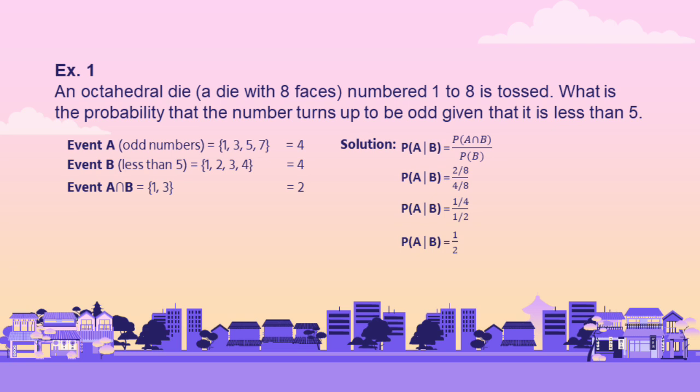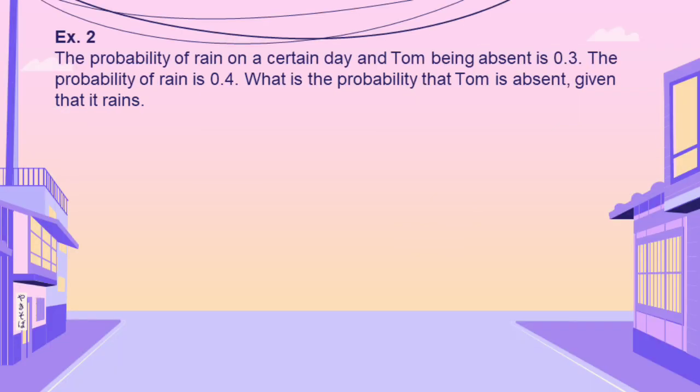Let's try another example. The probability of rain on a certain day and Tom being absent is 0.3. The probability of rain is 0.4. What is the probability that Tom is absent, given that it rains? In this problem there are 2 events, which are Tom being absent and the rain.